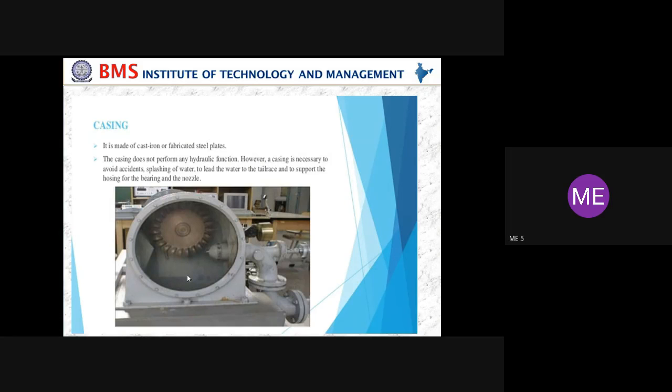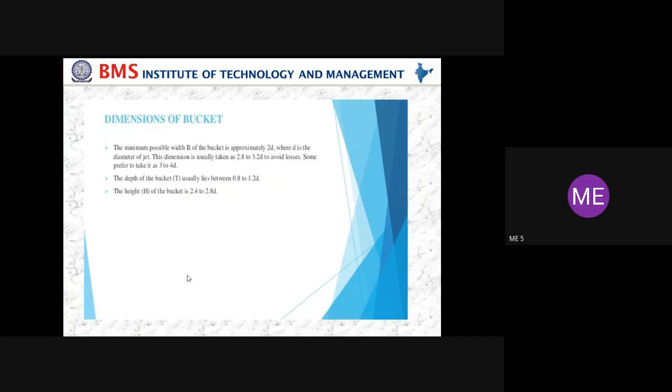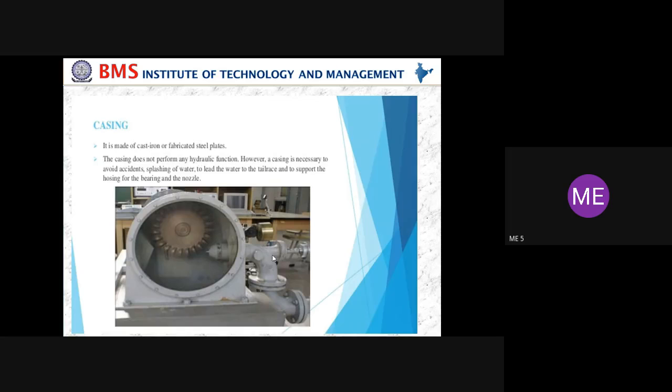Okay. And regarding the working principle of Pelton wheel, the water from the dam enters into the penstock. Penstocks are very big pipes, and from the penstock, the water enters the inlet to the turbine.